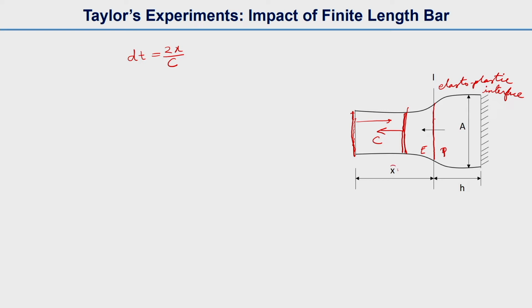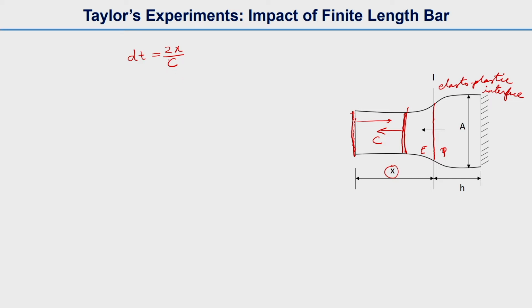So this is x, that is the time taken by the elastic wave front to travel from the elastoplastic interface to the free surface and reflect back again to the plastic boundary or elastoplastic interface.